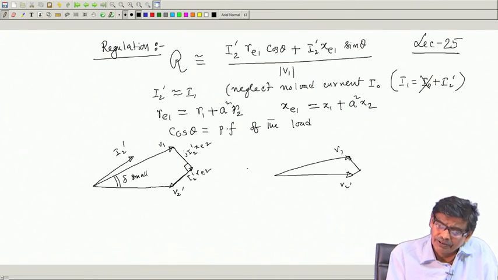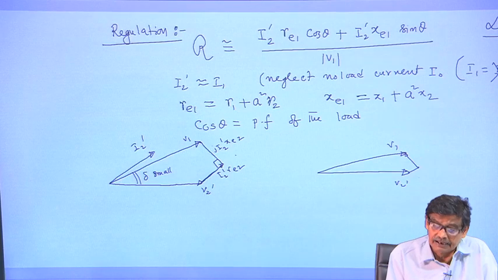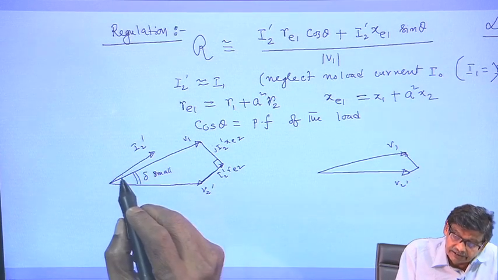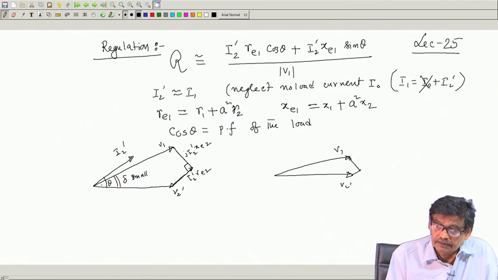Same argument, and once again you can approximate it and derive this expression. Theta is this angle, the load power factor angle of V2 dashed.